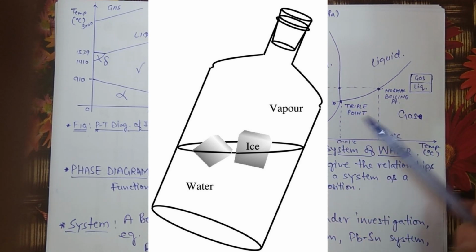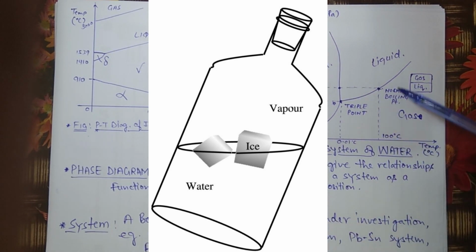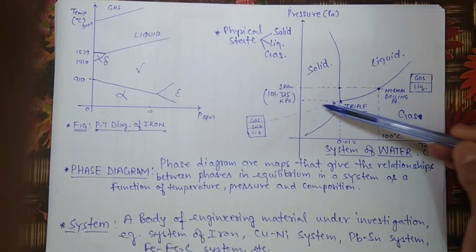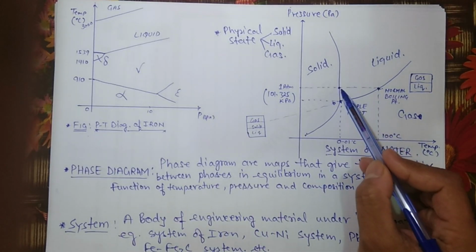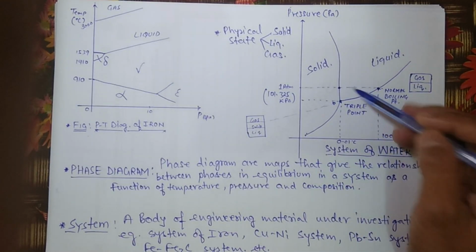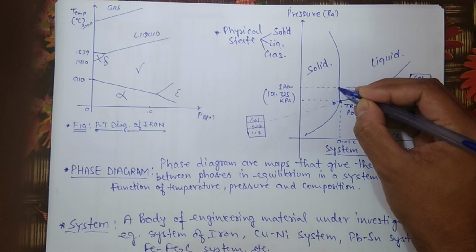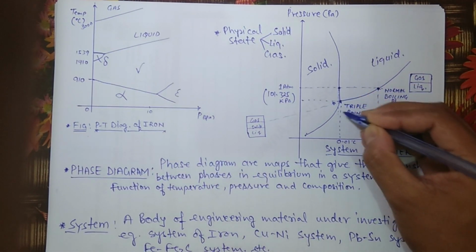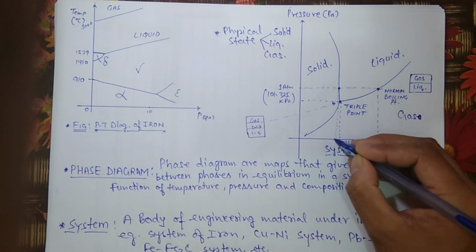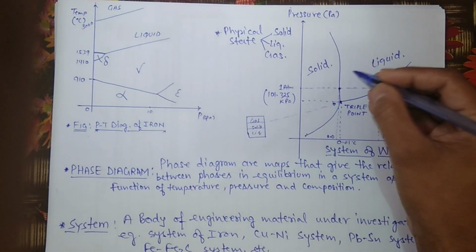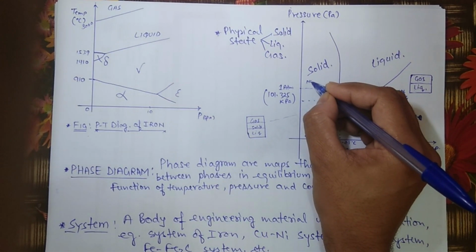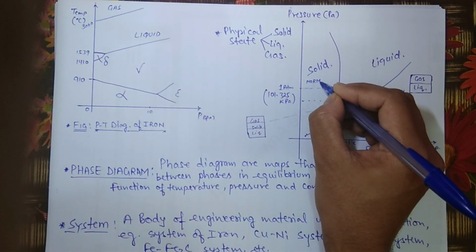Here, how many phases can you see at the same point? Three phases. And on these lines you can find two phases: either solid and liquid, or solid and gas, or liquid and gas will be present. The third point, just a little behind the triple point, is 0 degree centigrade, in normal condition.